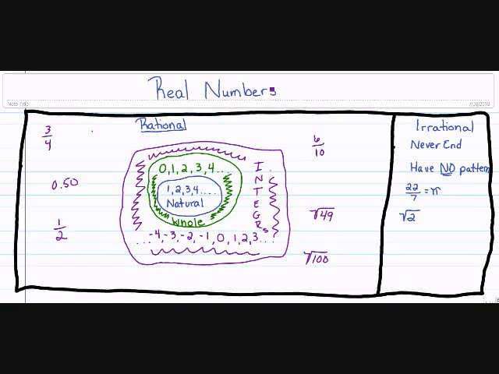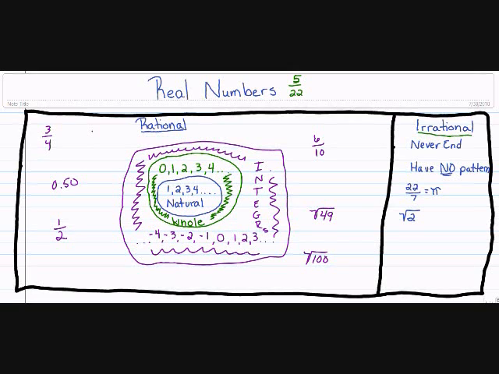Let's go ahead and take a look at an example. If we had 5/22, it's not a natural number, 1, 2, 3, 4. It's not a whole number because it doesn't go 0, 1, 2, 3, 4. It's not positive, negative, or 0. So our only choices are rational or irrational.